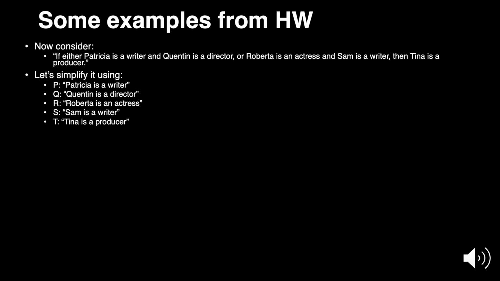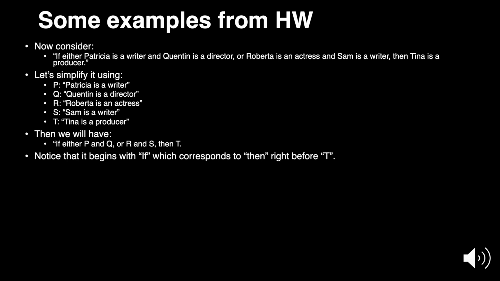Using these letters, you can simplify the long sentence to this: if either P and Q or R and S, then T. Now notice that it begins with if, and this corresponds to then that occurs right before T at the very end.